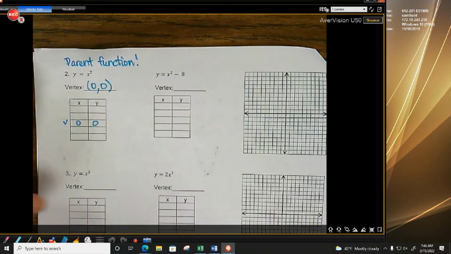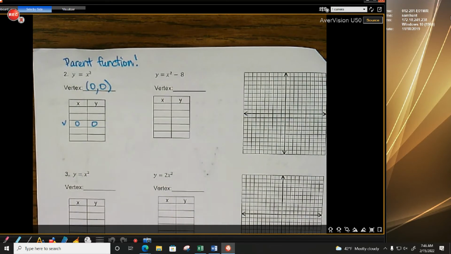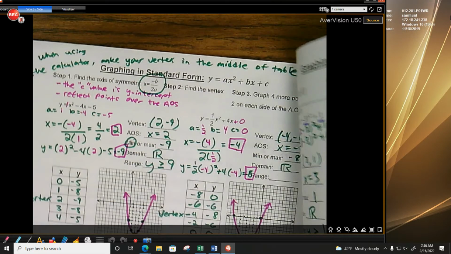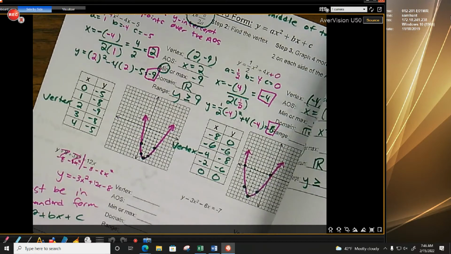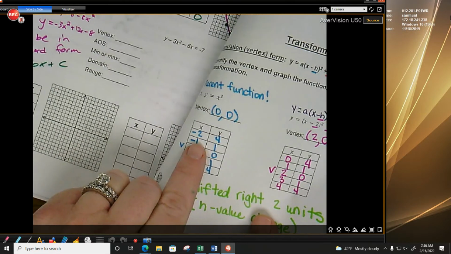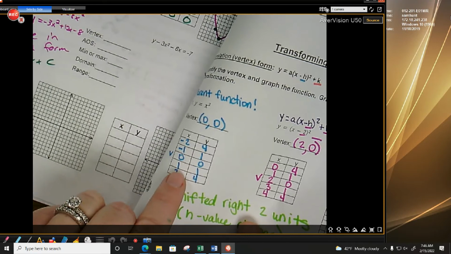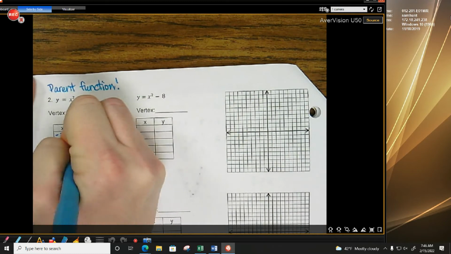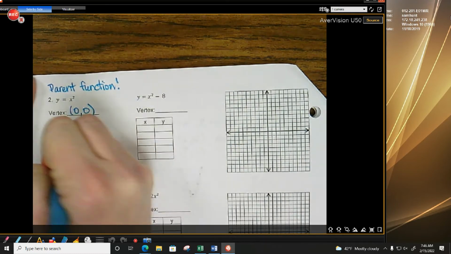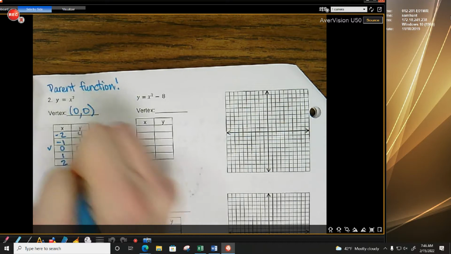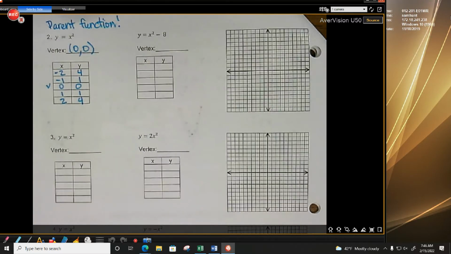Can I just flip the page over and look back to what we did for the table? -2, 4, -1, 1, 0, 0, 1, 1, 2, 4. Because my parent function doesn't change. Those are the same values. Those are my parent function values. Can I graph that?